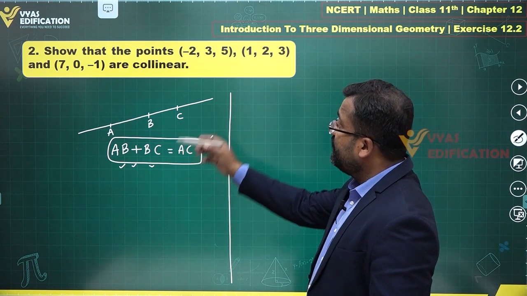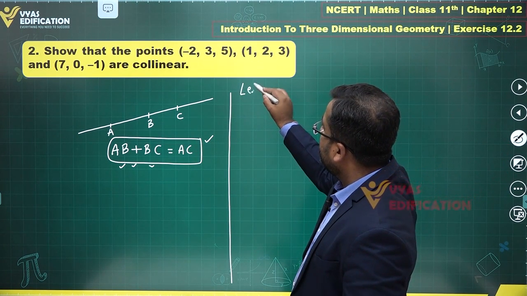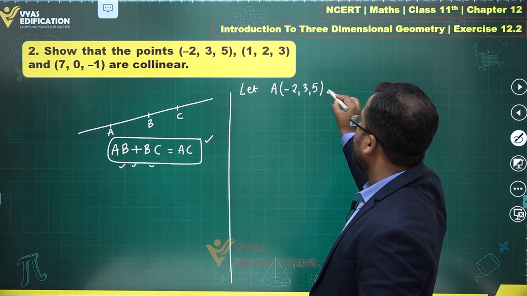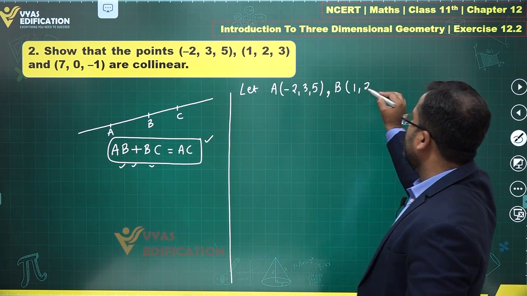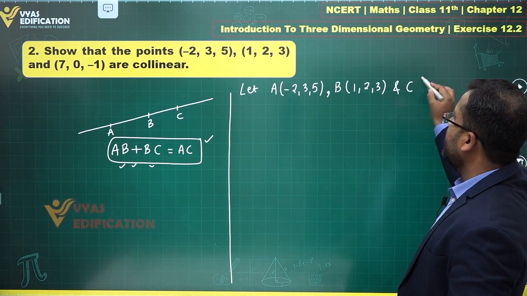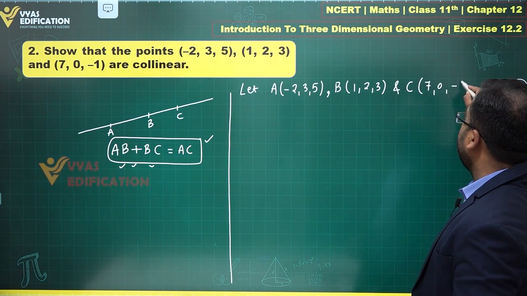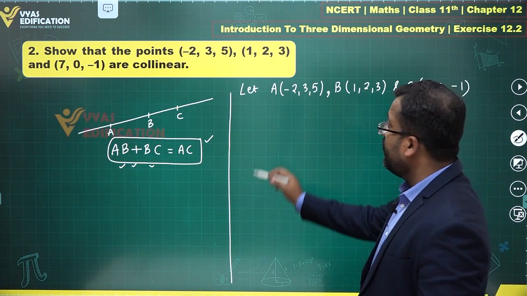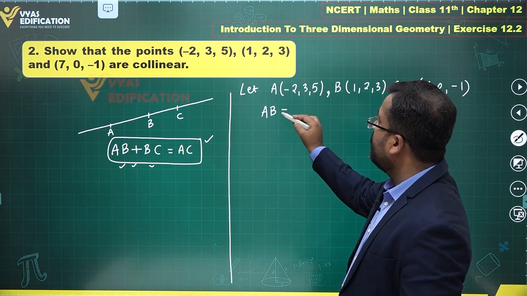So let's begin with naming the points. Let A (minus 2, 3, 5), B (1, 2, 3) and C (7, 0, minus 1) be the 3 points. And I can find the distances now. AB is equal to what?